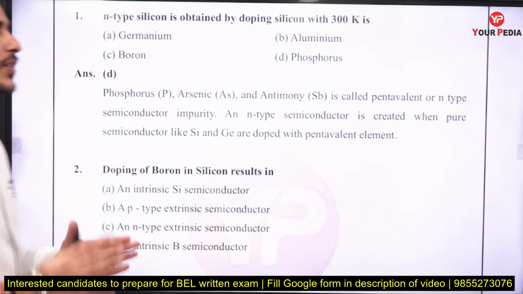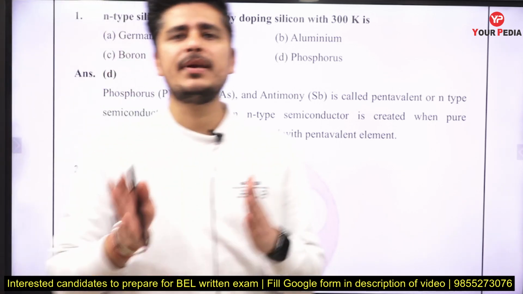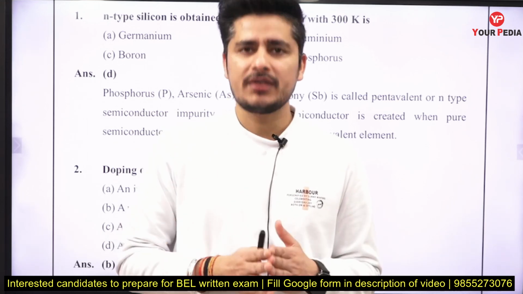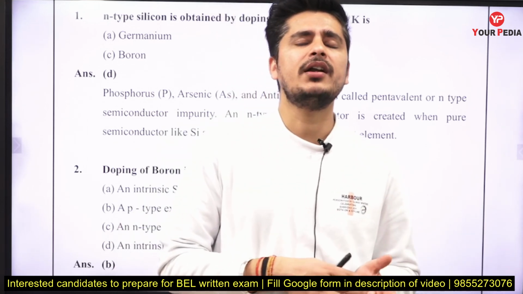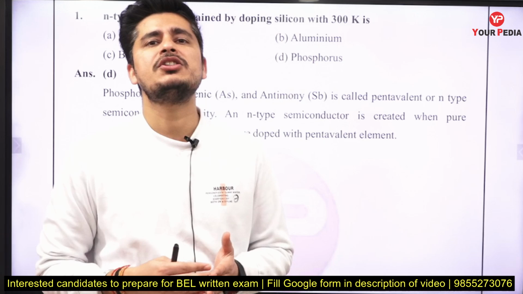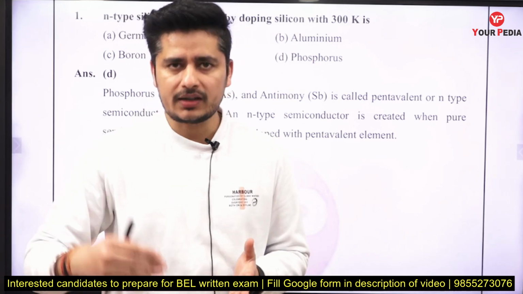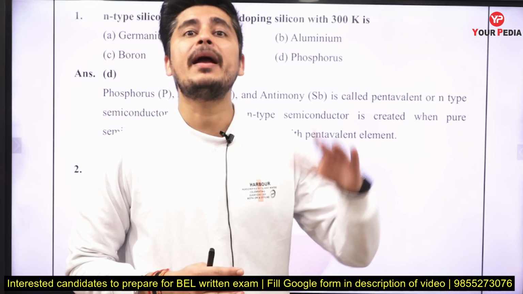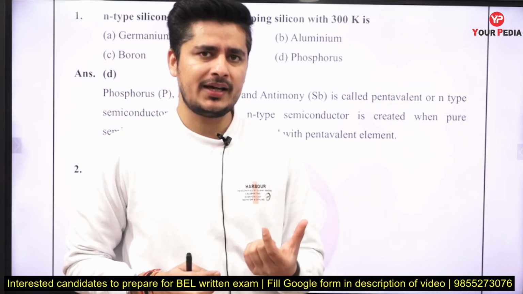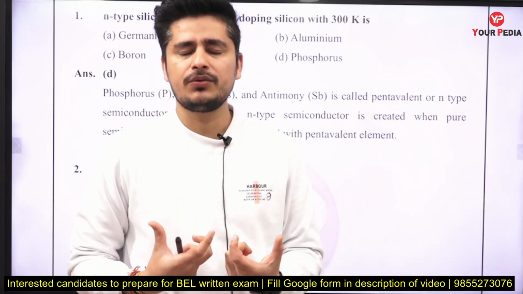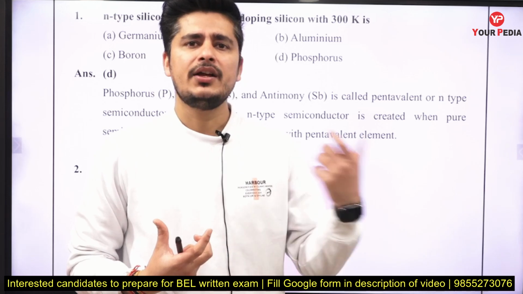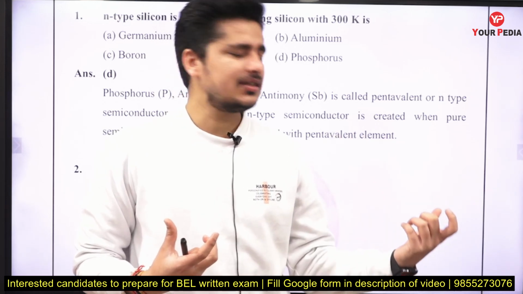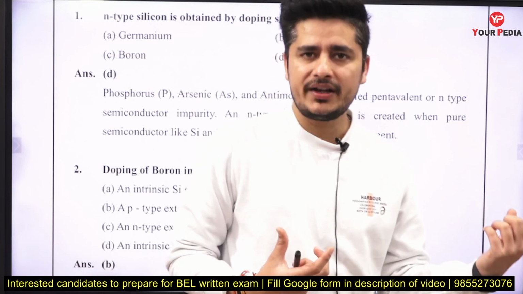Remember one thing, whenever you are making an n-type semiconductor, n means negative type semiconductor. In a negative type semiconductor the charge carriers are electrons. So electrons will be given to your silicon by a pentavalent atom, because silicon has 4 electrons in its outermost shell. Pentavalent means its outermost shell contains 5 electrons.